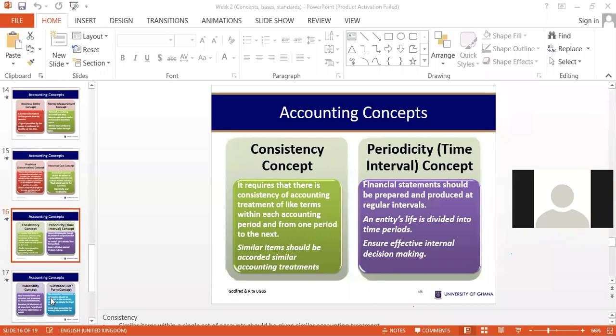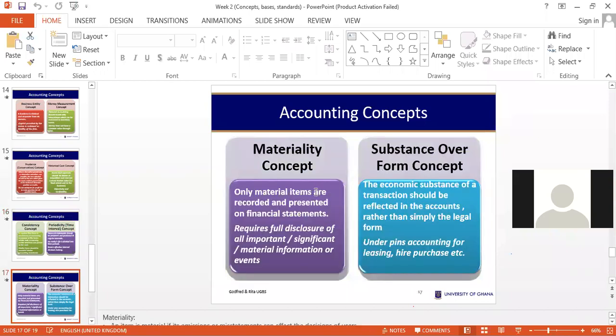Then we also have materiality. Materiality talks about the fact that in accounting, as I indicated, we compress most of the information into significant issues. So we only disclose the important, and that doesn't mean that the non-important ones we don't. They are all captured.